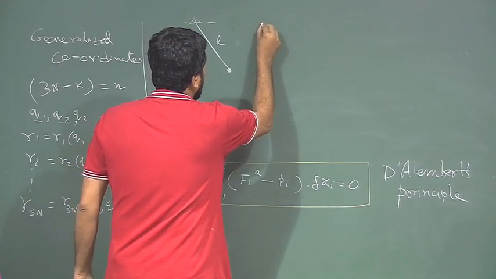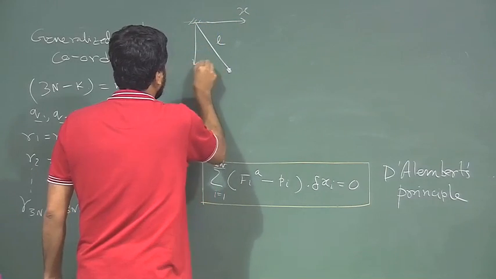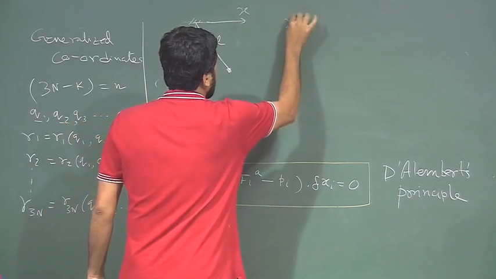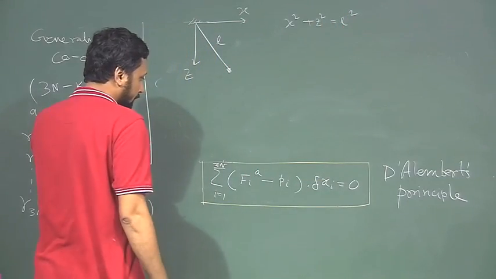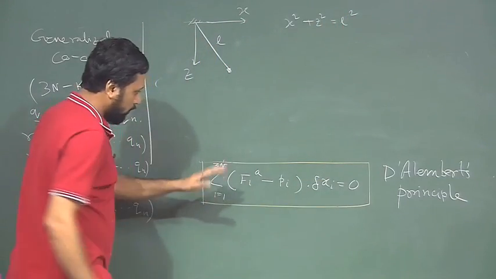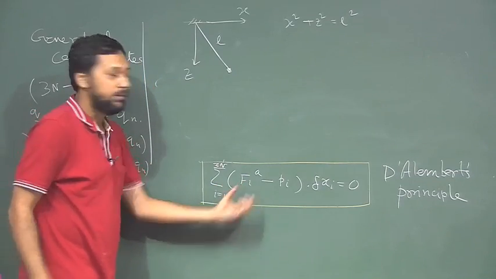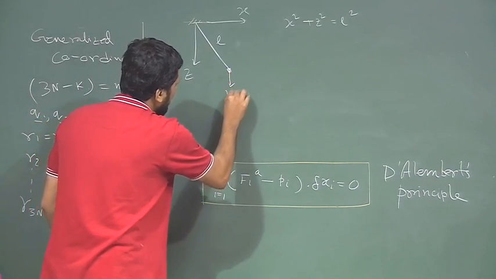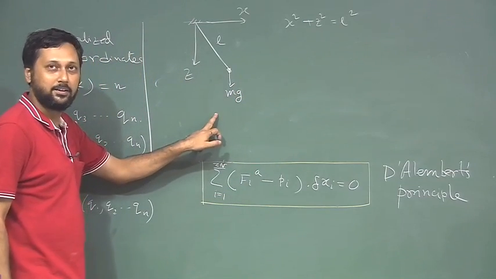We have a constraint equation, let us say this is my x axis and this is my z axis. So, x squared plus z squared is equal to L squared. What are the applied forces? The applied force is mg, which is in the z direction, is it not?